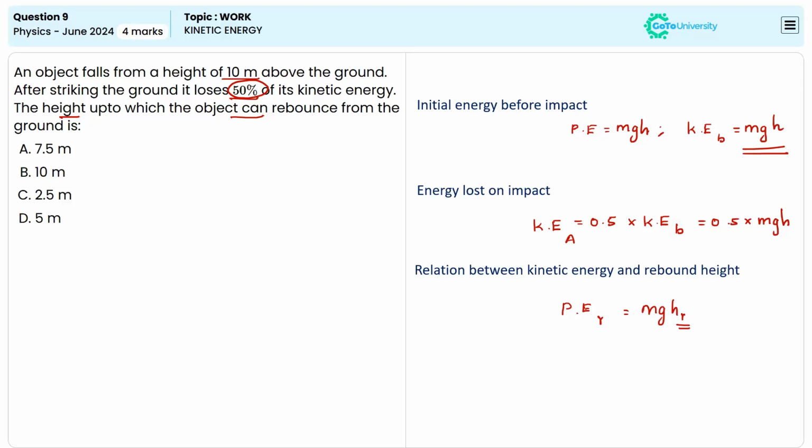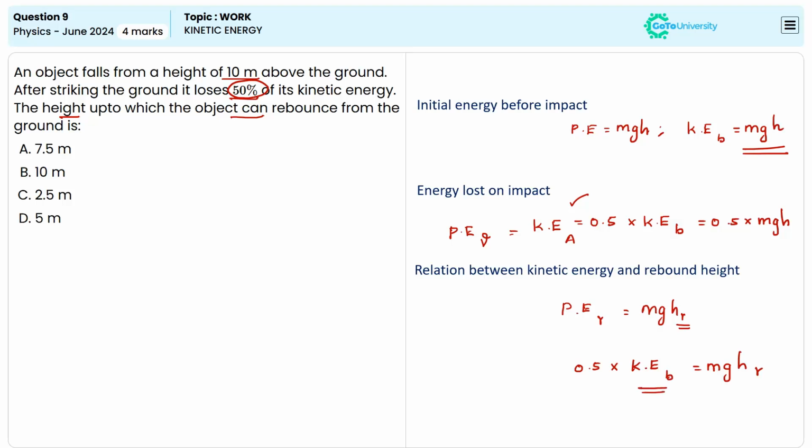Since kinetic energy after impact will be equal to the potential energy of rebound, we can write 0.5 times kinetic energy before impact will be equal to mgh_r.